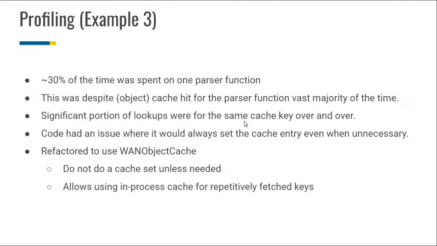It also allowed faster regeneration, because the previous version was setting the cache all the time. This one only sets it when you need to, and also checks to see if it's almost expired and tries to reset it. It did a bunch of fancy stuff. Replacing it with that small change significantly improved the time, even though in both cases we were doing a cache resolve, but this was a smarter use of cache.